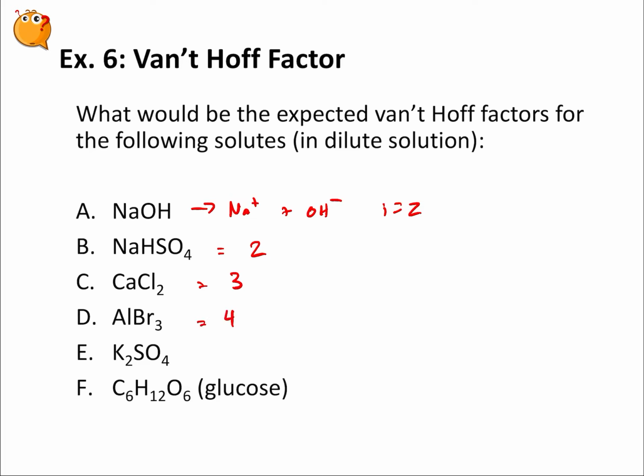Potassium sulfate, that'd be 2 K plus plus SO4 2 minus. It's 3 particles for i. Glucose is an organic molecule. Many organic molecules, probably most organic molecules, don't dissociate in water. That's because there's no ionic bonding. It's all covalent bonds. So this would have a Van 't Hoff factor of 1. 1 formula unit gives you 1 particle in solution.